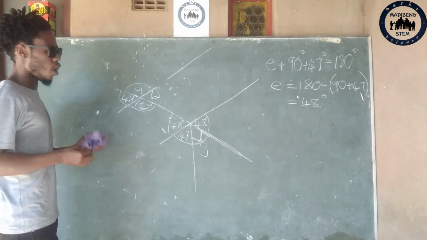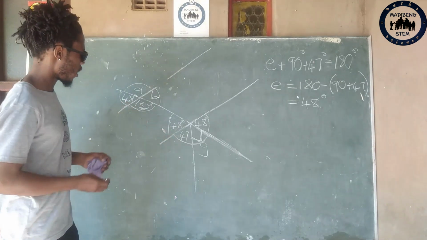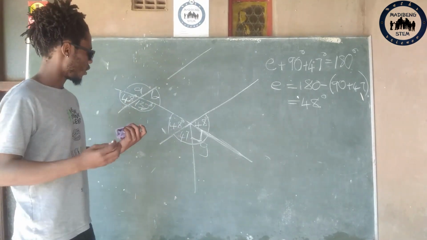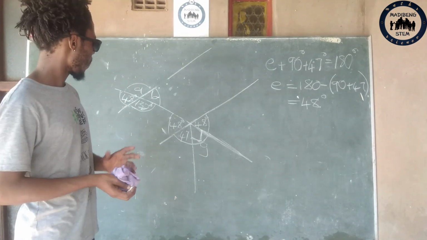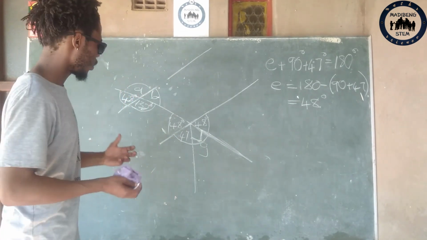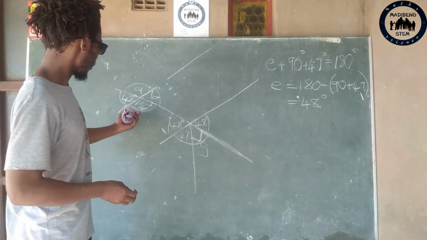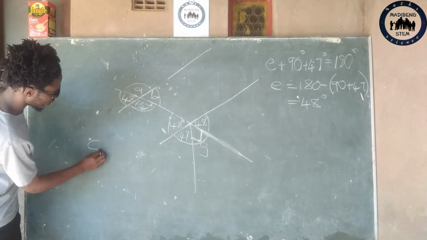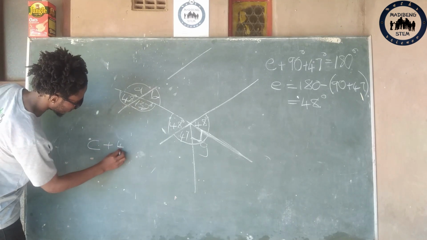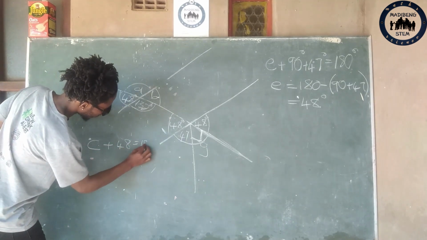Or you can use this method again, using co-interior angles. You know, co-interior angles add up to 180 degrees. So C plus 48 is equal to 180 degrees.